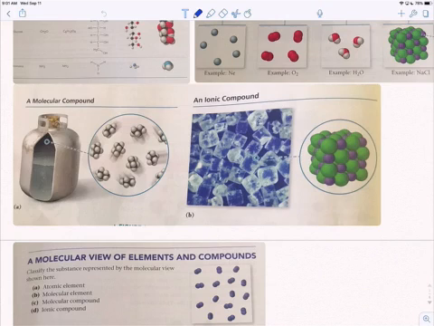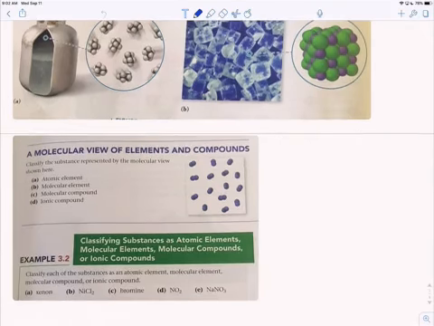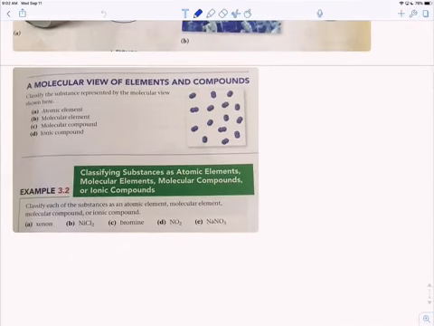And an ionic compound, like sodium chloride, salt: one atom gives electrons to the other atom, and then they're bound together by unlike charges. Let's classify some of them.